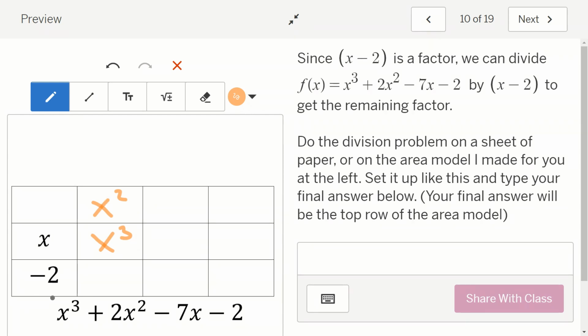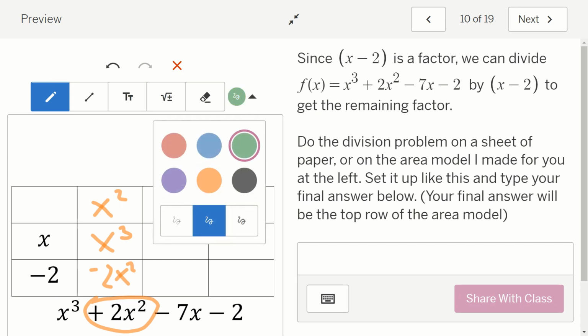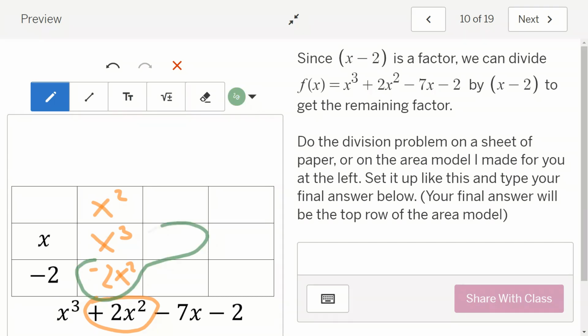Negative 2 times x squared is negative 2x squared. Now I need to use my brain. I need these 2 boxes to add up to positive 2x squared. I've got a negative 2x squared. Remember what I said about the area model, or the number line here. I'm at negative 2.